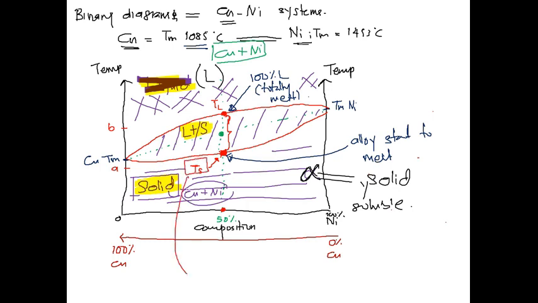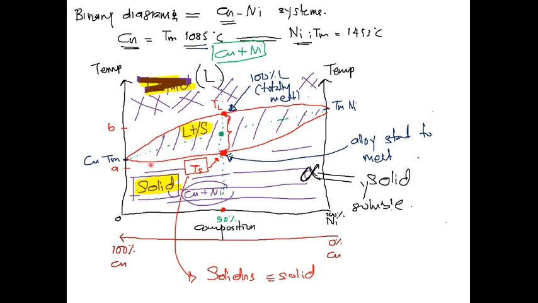So this TS is actually come from the word solidus, which is solid. Kan, sebab dia daripada solid, okay, and at this point dia dah starting jadi solid plus liquid.